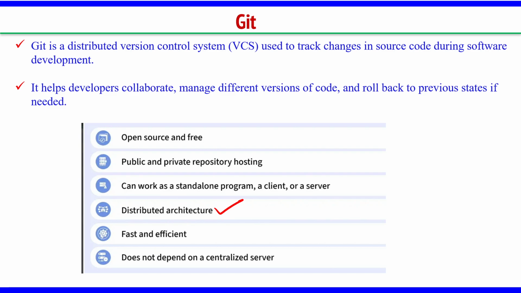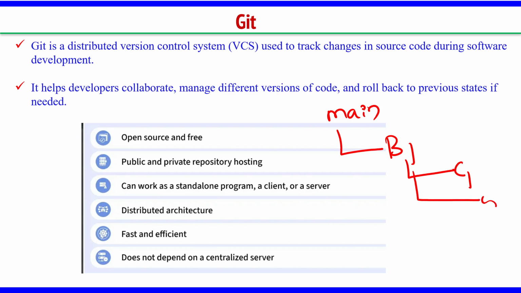This is very important. Git is a distributed version control system. Why do I say distributed? Let me show you. Let's say this is the main code. I am creating a branch. Then there is a branch B1, and again in branch B1 I can create sub branches C1, C2.